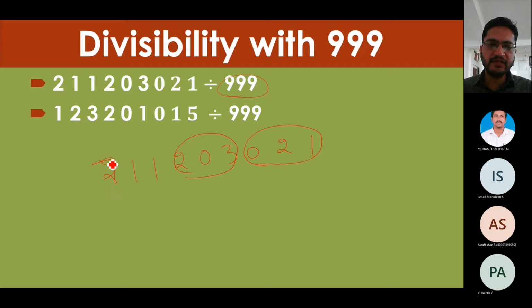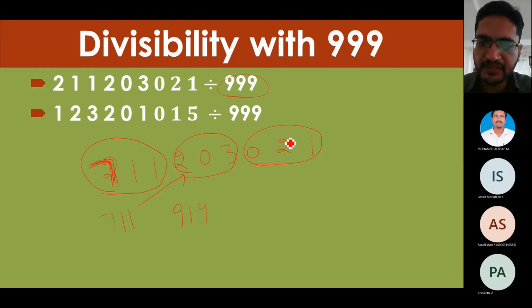Suppose here we have 7. So I am changing this number. Here we have 7, suppose. So first pair as it is, 711. And I will add this number to this. Now this will become 914.